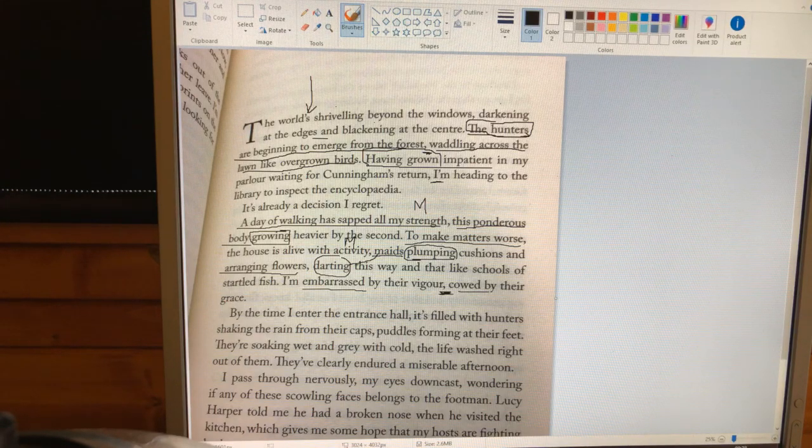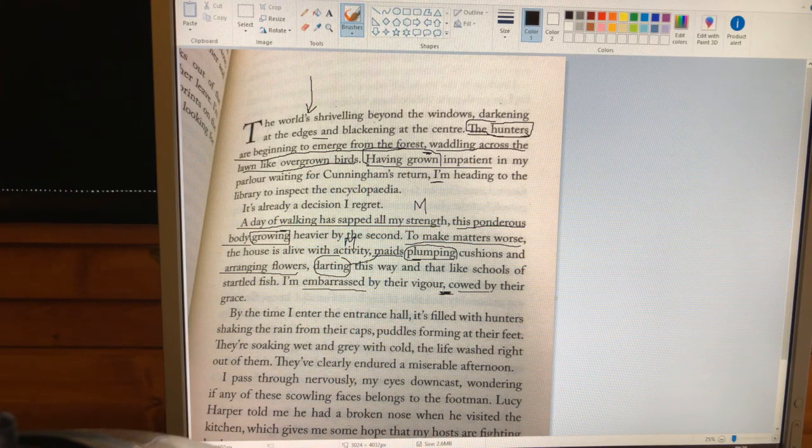So again, we could consider this asyndetic coordination. We're dropping the conjunction for some reason. And whenever you can replace the comma with an and, I always recommend seeing if you can swap the two phrases round. Can you say, I am cowed by their grace, embarrassed by their vigour? Yes, you can. So what we have here is interchangeable adjectival phrases. And interchangeable adjectival phrases always need a comma. They are coordinate adjectival phrases.